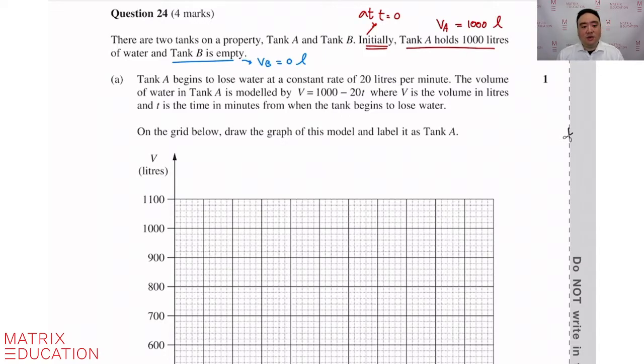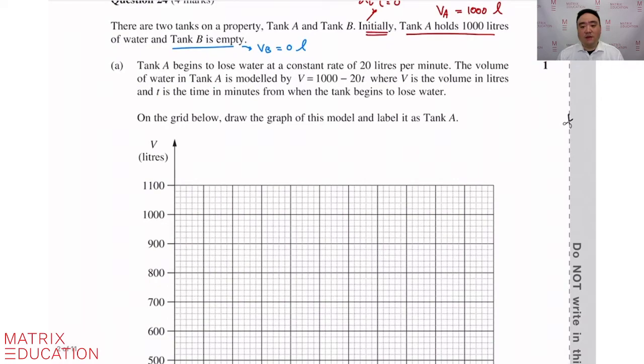Tank A begins to lose water at a constant rate of 20 liters per minute. Now, when you read this statement, lose water at a constant rate, when you're hinted with this phrase, lose water, that means the volume is going to decrease over time, correct?